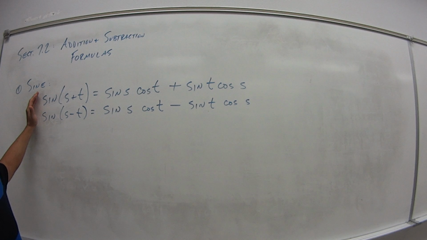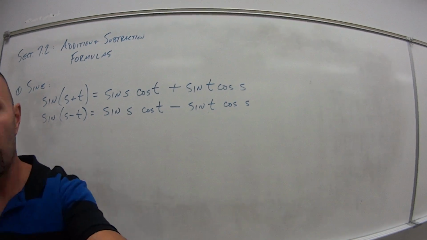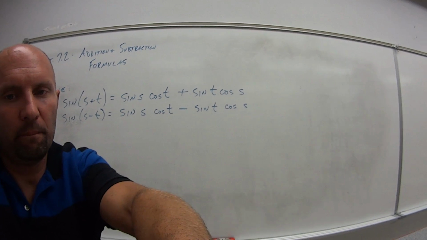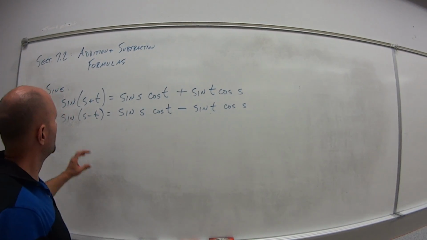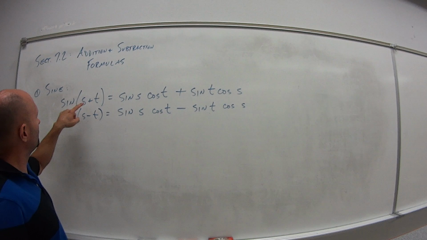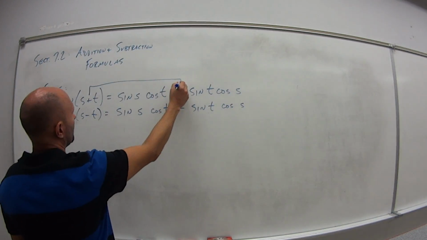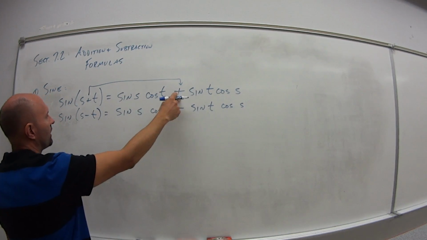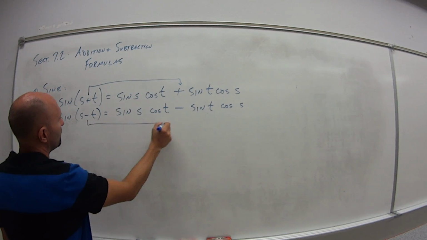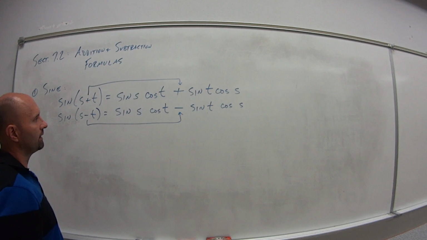So what are our tricks to remember this? Well, when it's addition of sine, it's the same. So sine of s plus t, I'm going to have a plus sign over here. Sine of s minus t, I have a negative sign.